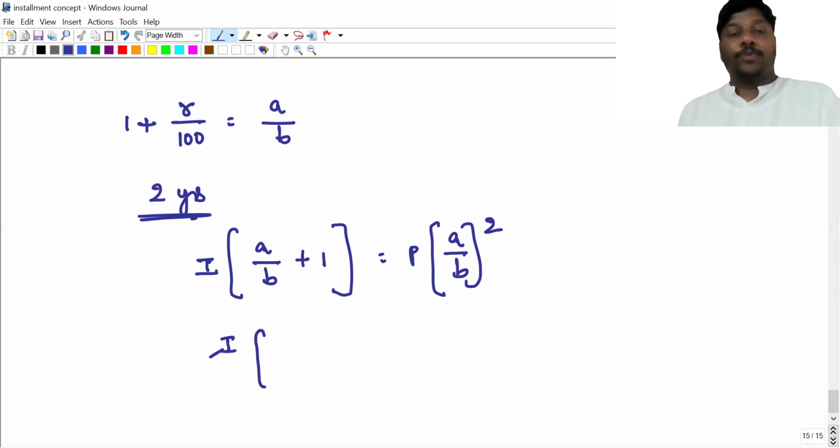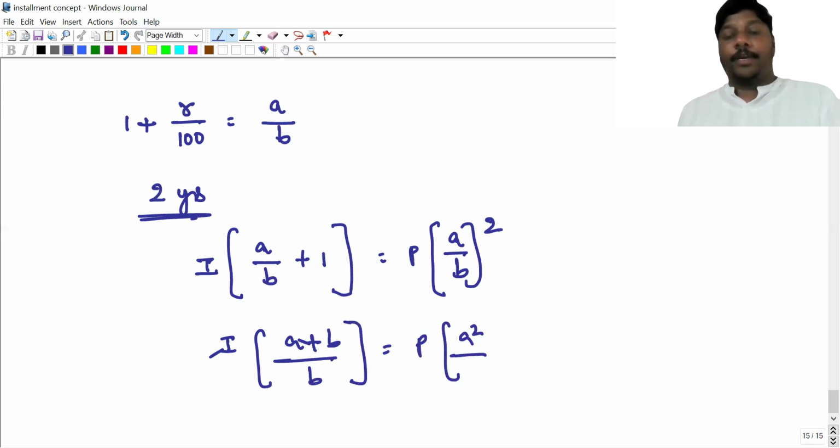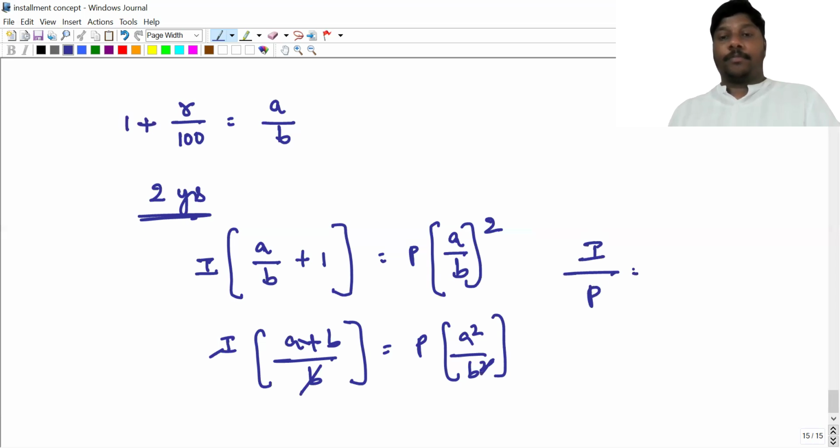So I into a plus b by b equals P into a square by b square. b you cancel. Therefore, what is I by P? It is a square by b into a plus b.